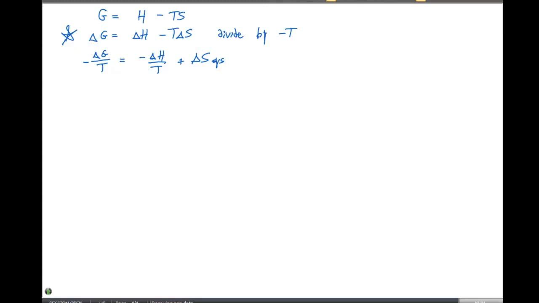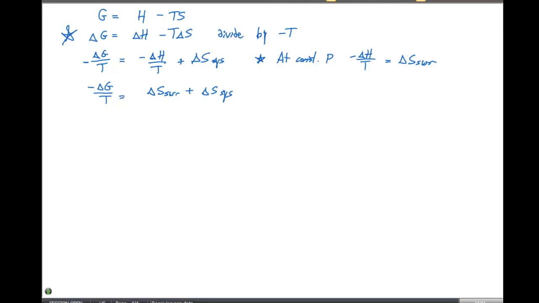We also know from our previous example that at constant pressure, the negative delta H divided by T is going to equal the delta S of the surroundings. So by manipulating this around, negative delta G over T is going to equal the delta S of the surroundings plus the delta S of the system.